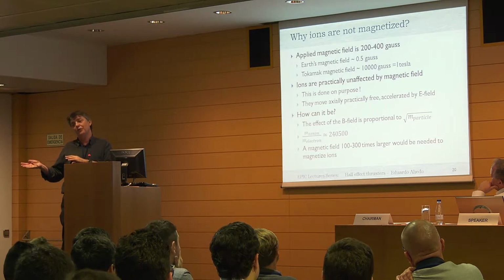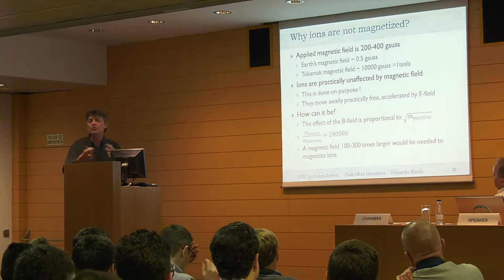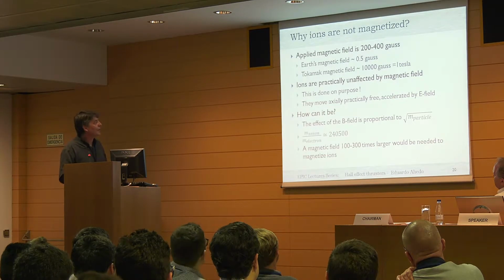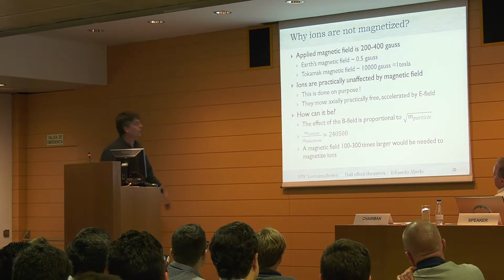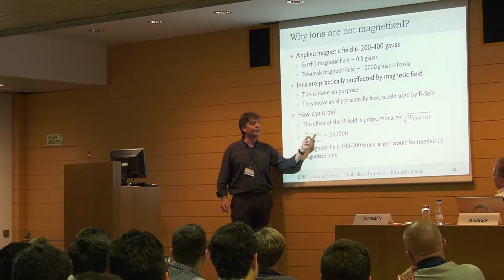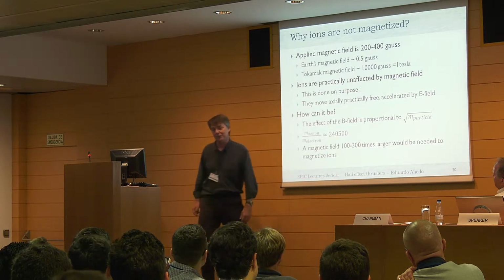How can the electrons feel the magnetic field and the ions not, okay? Well, this is just to look at the equation of motion under the magnetic field, and the effect of the magnetic field on the motion of particles is proportional to the square root of the mass of the particle. If we are using xenon, the ratio of masses between an ion of xenon and an electron is 240,000 times, okay?